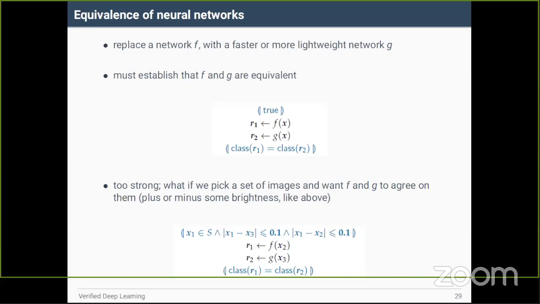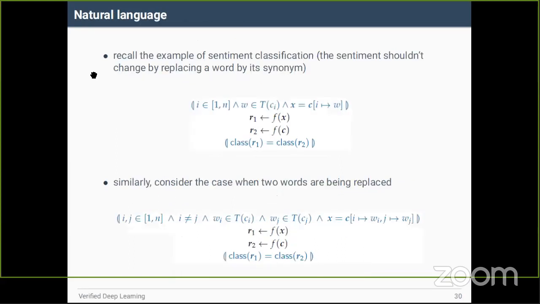It may be useful in some application and wasteful in some other application, depending on the actual application. But it is still a way of specifying a property which is weaker than the earlier property, which was very strong. So let's take a look at this other example from natural language.